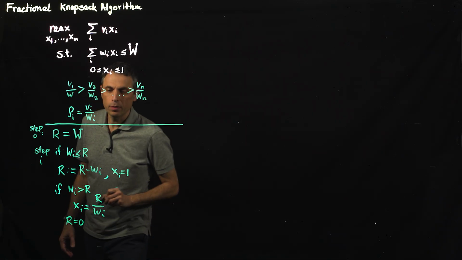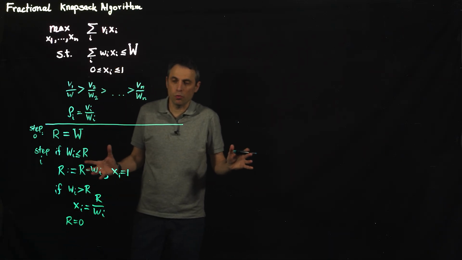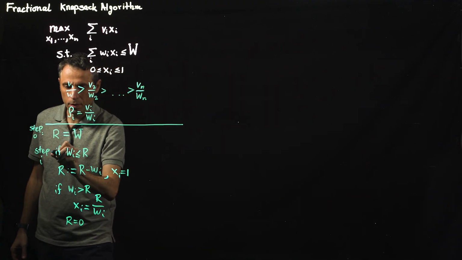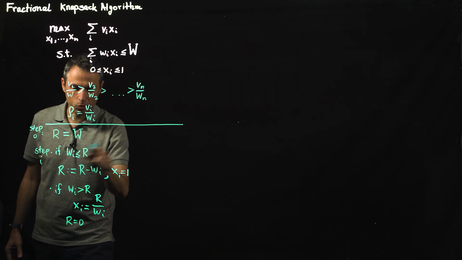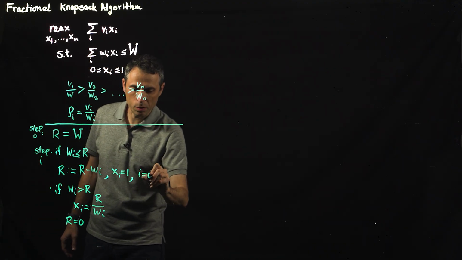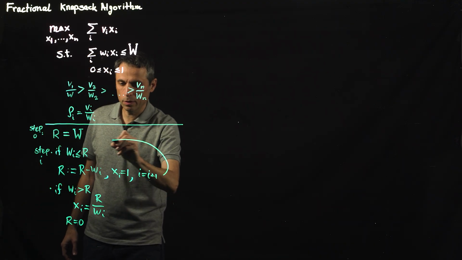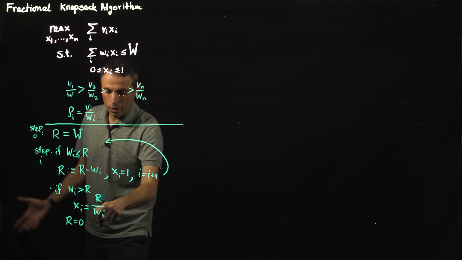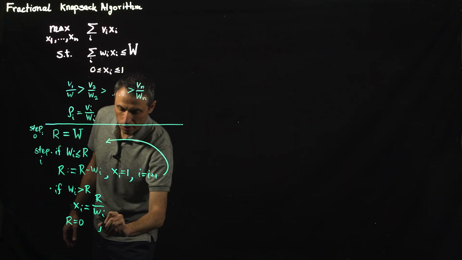Done, we have no room left. These two questions make up a step. If the first is true, we set i equal to i plus 1 and go back to the start of the step. If R is equal to 0, then stop.